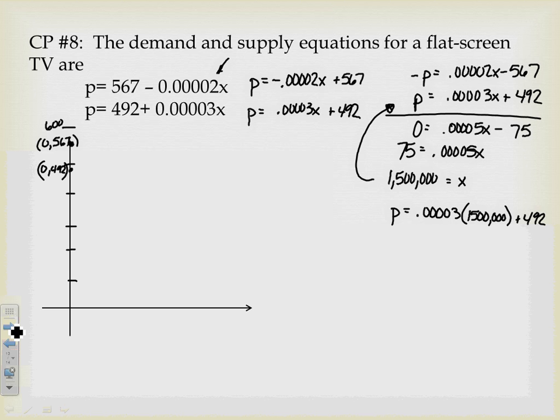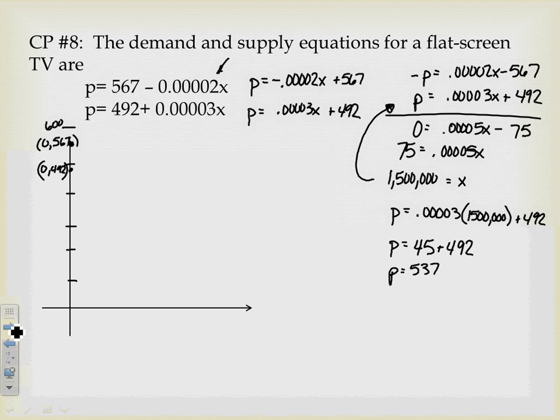Okay, so p equals, let's see, I'm going to grab a calculator. I don't want to screw up a decimal point here. We get a 45 out of that, and we end up getting 537.